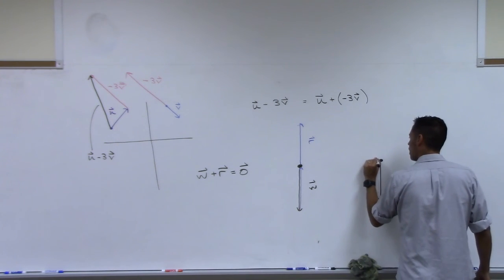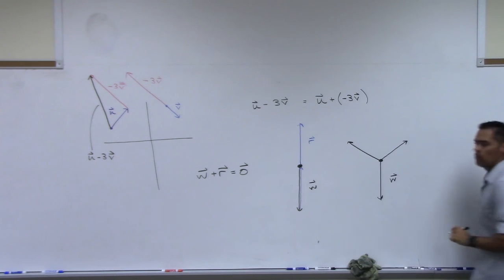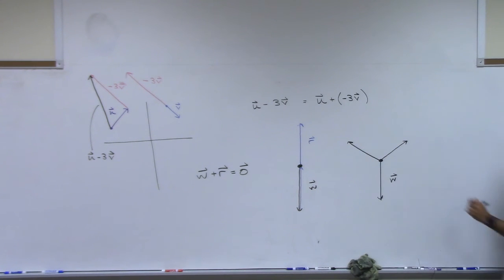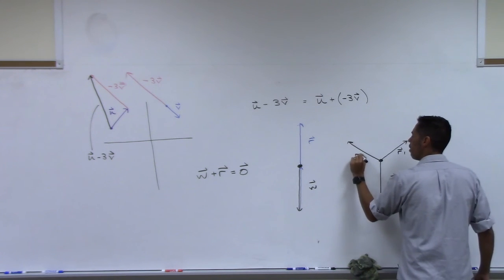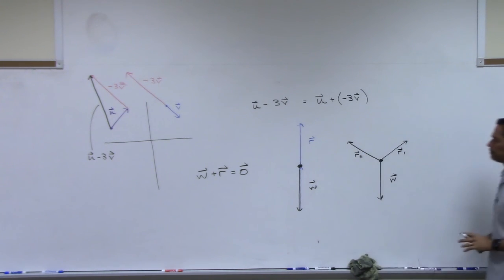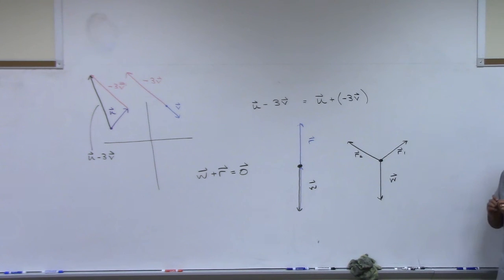I had one vector that went like this, and one vector that went like this, right? Now let's just call this vector R1 and this vector R2. This is the direction we're headed, all right? Here's where we're headed.